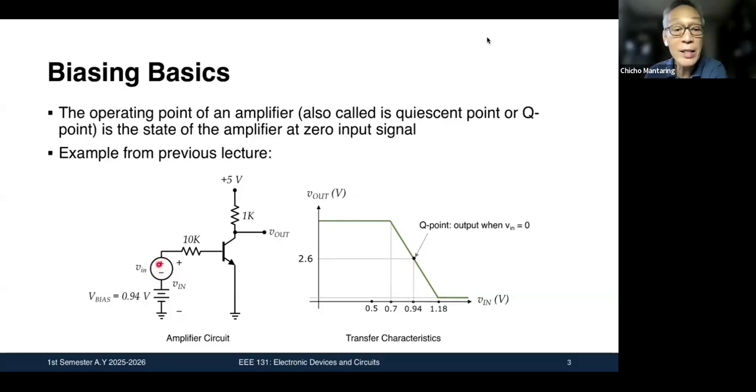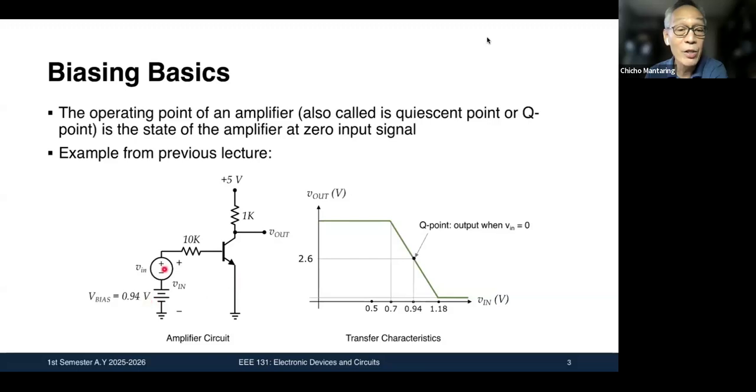When this is zero, my base current is (0.94 minus 0.7) divided by 10K. I'm again using the simplified model of this transistor. From base to emitter, this is just 0.7 V if it is conducting.